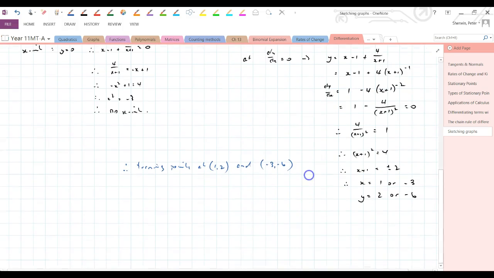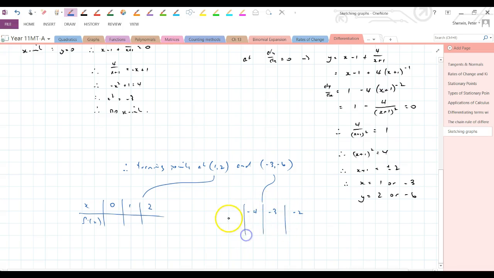Now we just need to establish the nature of these turning points. So we'll do a 0, 1, 2 check on x equals 1 here, and on minus 3, minus 6, we'll go from minus 4, minus 3, minus 2. Do a check on that, and this will be f dash x.